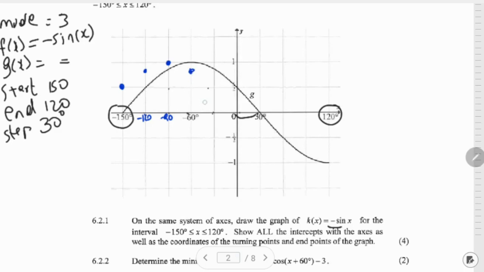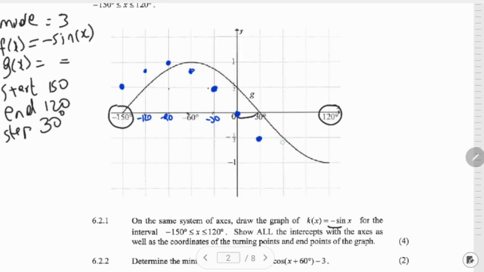And then when x is equal to minus 30, our y is a half. When x is equal to 0, our y is 0. When x is equal to 30, y is minus half.